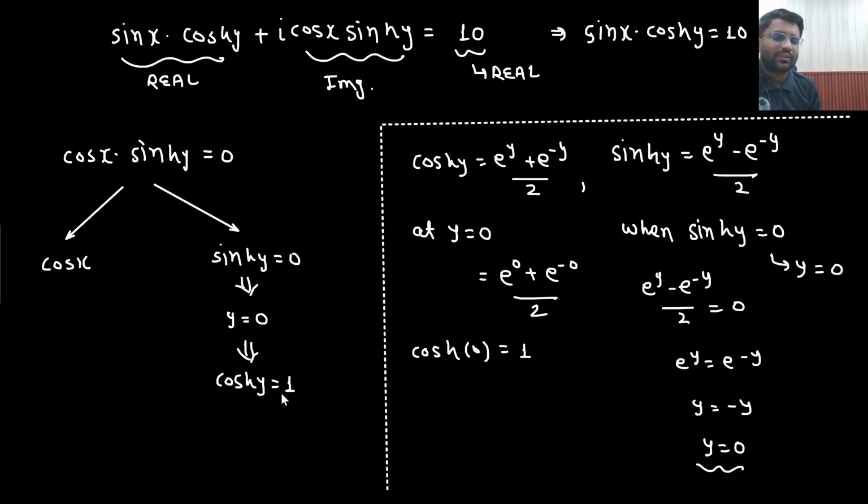And if y is 0, then cos hyperbolic y will become 1. And if cos hyperbolic y becomes 1, then sin x has to be 10, which is not possible. Say yes or no. That means this particular thing is not possible.